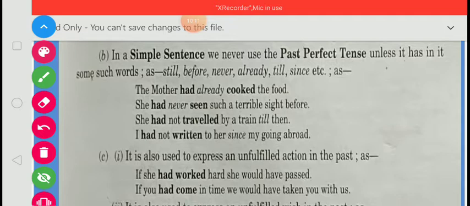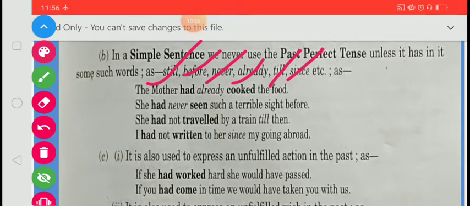Okay, so in a simple sentence we never use the past perfect tense unless it has in it some such words as still, before, never, already, till, since, etc. When such words are given in a sentence, only then do we write the sentence in past perfect tense.